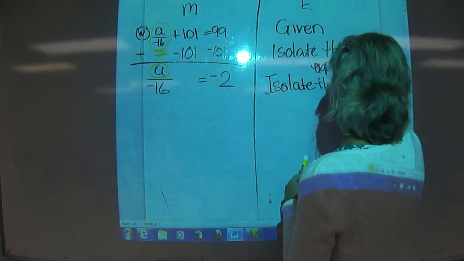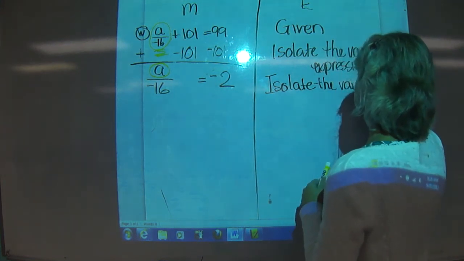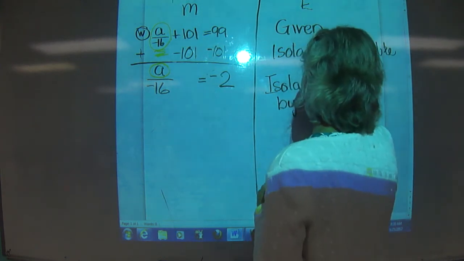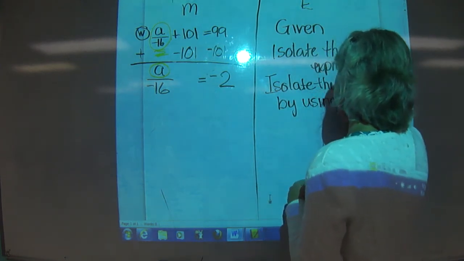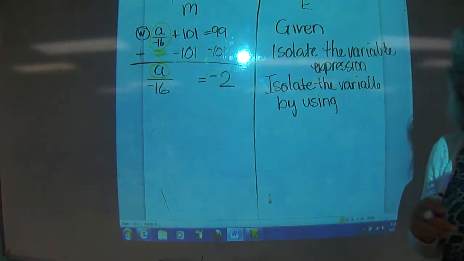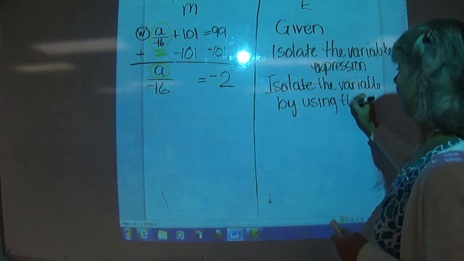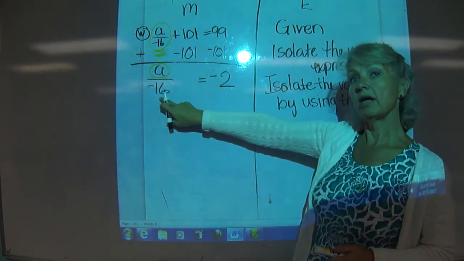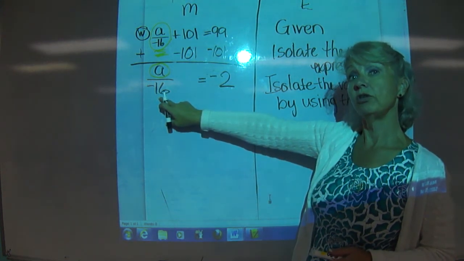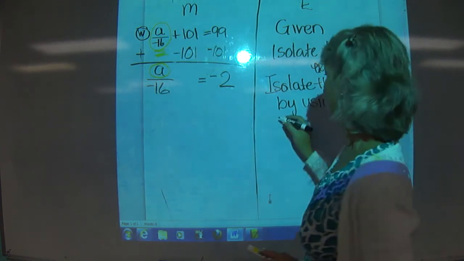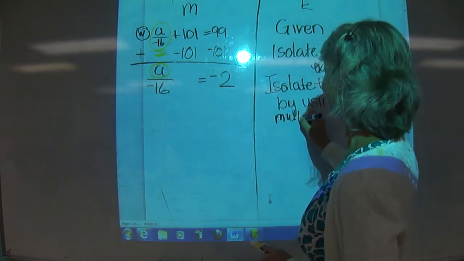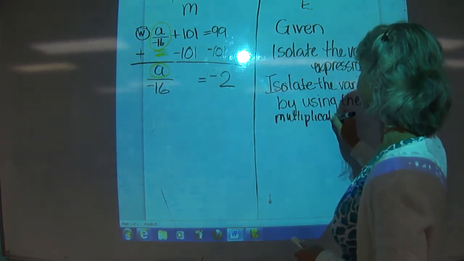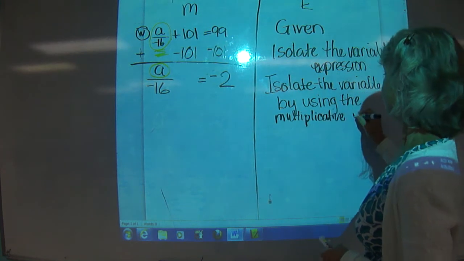Isolate the variable by using, what are we going to use? The, what do we call it? Denominator. Yeah, and we call the multiplicative inverse. Exactly, multiplicative inverse.